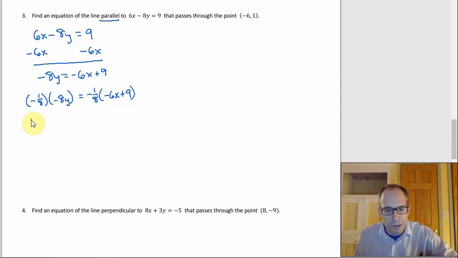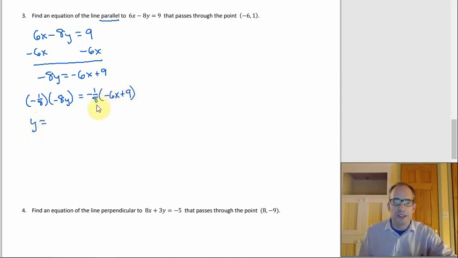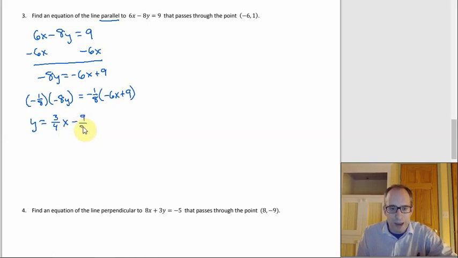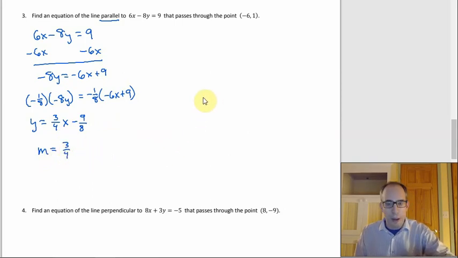And so then this will just be a y on the left side. Negative 1/8 times negative 6 is going to be positive 6/8, but most people would call that 3/4, I think. So I'm just going to go ahead and reduce it now. So 3/4 x and then minus 9/8. Right? 9 times the negative 1/8. The key thing is the slope, right? So the slope is 3/4. That's what we're looking for.